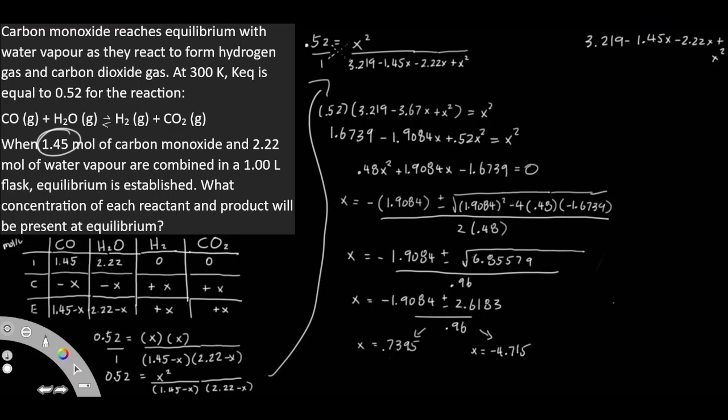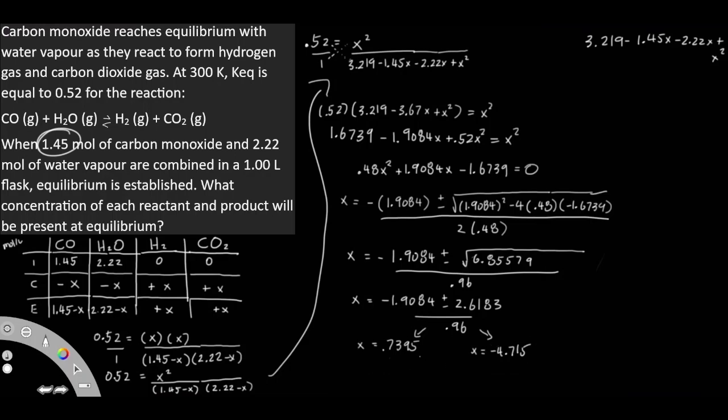The answer is, as long as that value does not exceed the initial reactant concentration, because obviously it can't exceed the initial concentration. That doesn't make sense, right? So if you have a value that exceeds this one or this one, that number is too large, it can't be the answer. So the smaller value is going to be the correct one. In this case, this is just negative, so it's quite simple to rule that out.